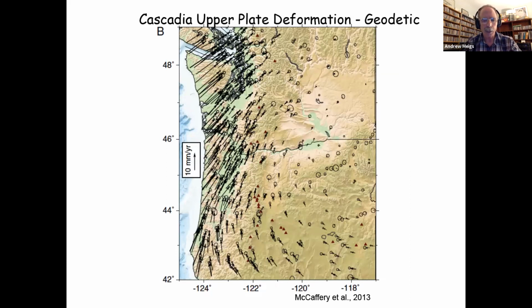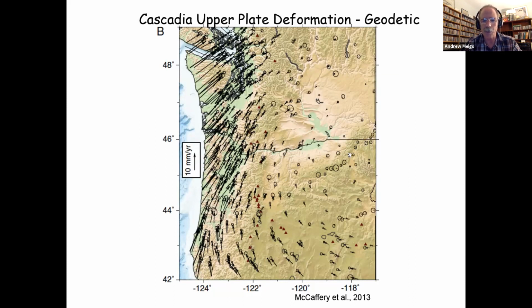This is a map of the geodetic velocity field of stations in and around the Pacific Northwest relative to stable North America. So what you're seeing here is, of course, geography. Here's Oregon, Washington, the borders right here. And what each one of these points represents is the relative motion of one station with respect to another one.